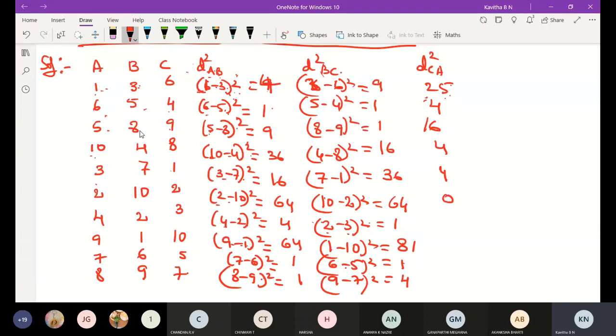Then 3 minus 4 whole square is minus 1 whole square. This is 1. Okay, 10 minus 9 is nothing but minus 1 whole square, 1. 5 minus 7 is minus 2. Minus 2 whole square is 4. Then 7 minus 8 is minus 1 means 1. Okay, you can directly write down this type also.